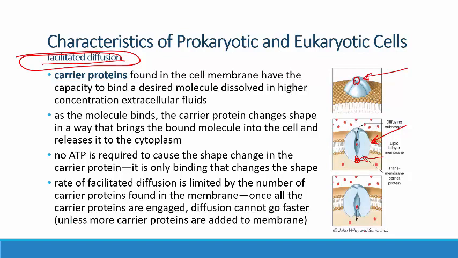And when the protein changes shape, it releases the bound molecule into the cell, or if this was happening the other way, if we're moving something out of the cell, it would release it on the outside of the cell. On the opposite side from which it came in, that material is released to the other side of the membrane. And note that no ATP is required to cause this shape change in the carrier protein. It's just the binding of the material that causes the protein to change shape.